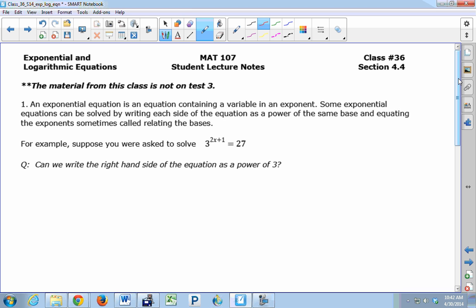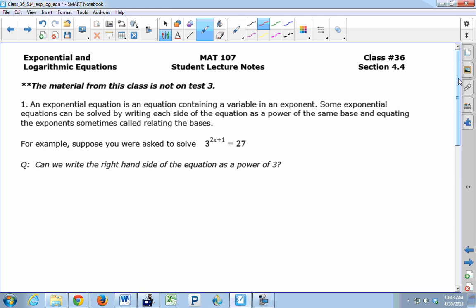Today we're going to cover exponential equations and logarithmic equations. What you need to keep in mind is that how you have learned to solve equations from beginning algebra to today is not any different.